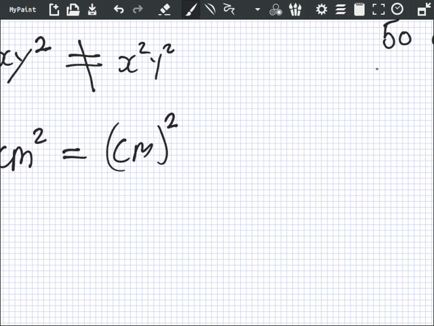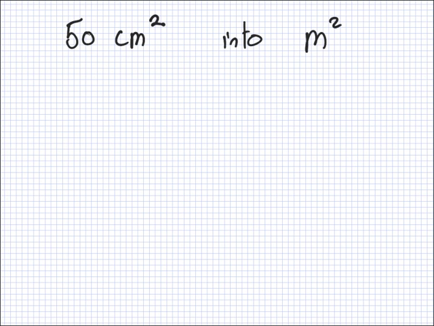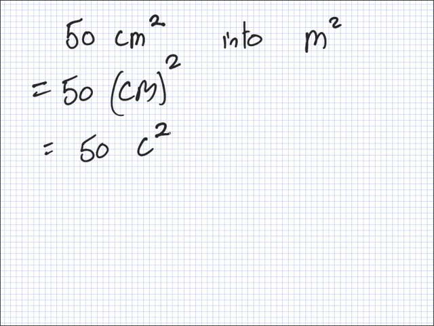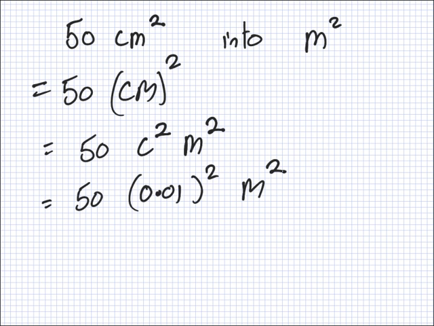So here, let's begin. 50 centimeters squared, that's equal to 50 centimeters squared, like that. True? So that's equal to 50 centi squared meter squared. That's equal to 50 times 0.01 squared meter squared.